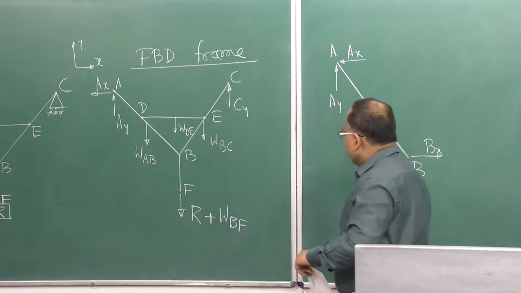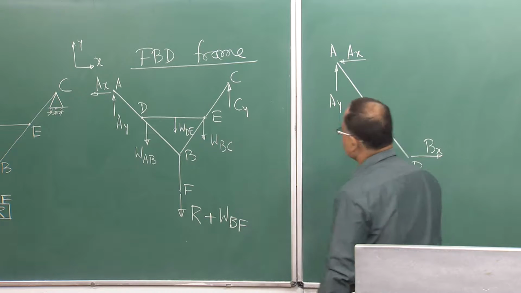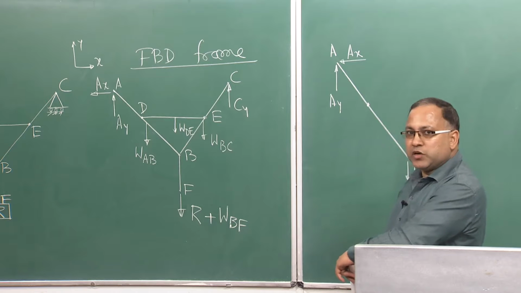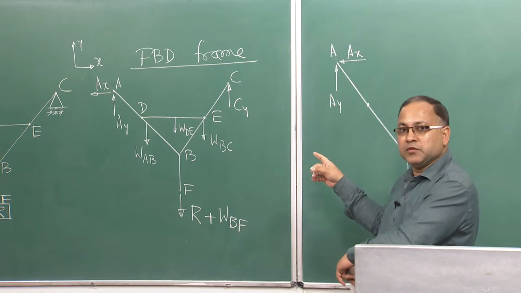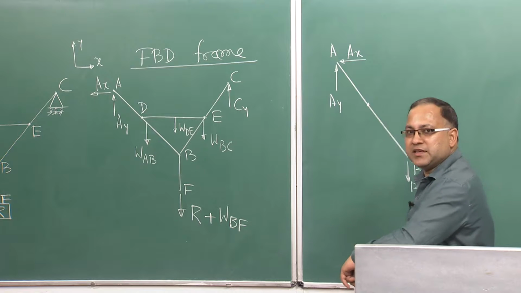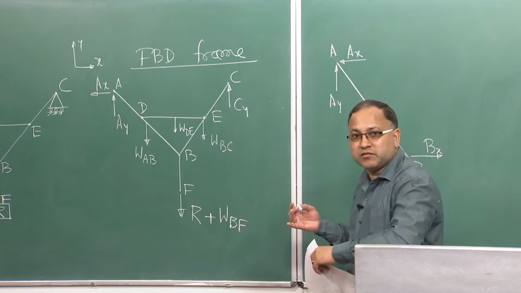Now, at point D, the member DE is supported at points D and E. So, at point D we will get some reactive forces. Again I do not know the line of action of that force.